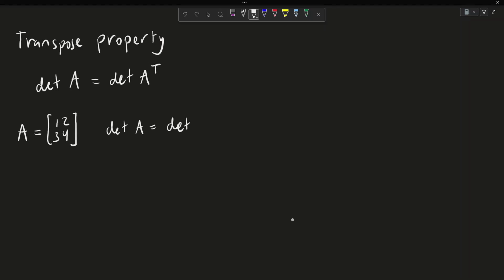The determinant of 1, 2, 3, 4 is equal to 1 times 4 minus 2 times 3. For this, we get 4 minus 6, we get negative 2.